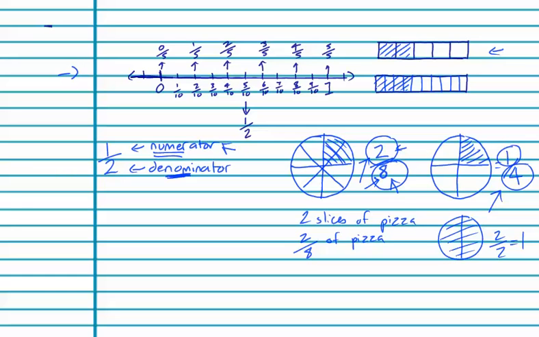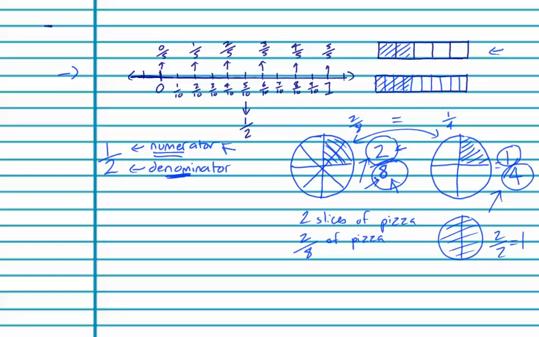Now, as we can see here, 2/8 and 1/4 are the same thing. They're both exactly the same amount of pizza, assuming those were identical pizzas. These are equivalent fractions. They appear at the same place on the number line.